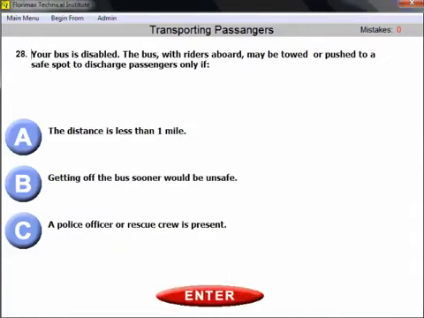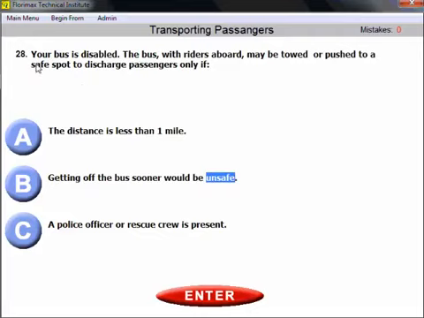Question 28. Your bus is disabled. The bus, with riders aboard, may be towed or pushed to a safe spot to discharge passengers only if getting off the bus sooner would be unsafe. You need to look for this pair, safe, unsafe, because safety is your primary concern.